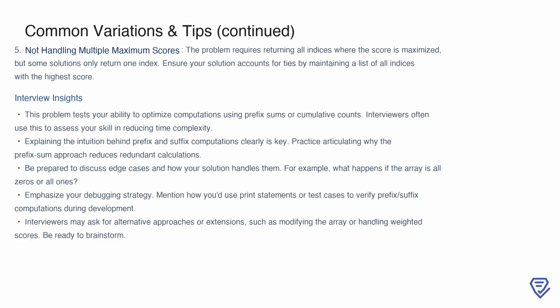Additionally, interviewers may assess your debugging skills. Mention strategies like using print statements or crafting specific test cases to verify your prefix and suffix computations. Finally, you might be asked to explore alternative approaches or extensions, such as modifying the array or introducing weighted scores. Be prepared to brainstorm and think creatively about these variations.